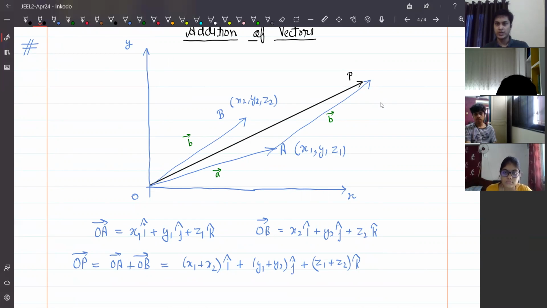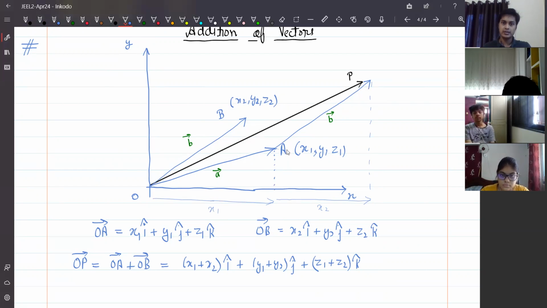So this is how we add 2 vectors. And now we know how to add 2 vectors, we can add 3 vectors, 4 vectors, 5 vectors just by adding up their x coordinates together, y coordinates together. So how are we adding this? See, this length is x1, and from here to here, this length is x2. If you drop a perpendicular from here, this length is x1, this length is x2.